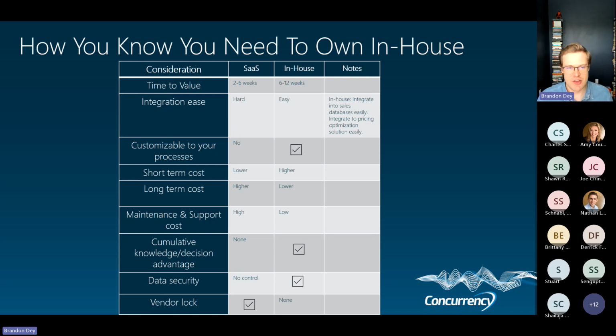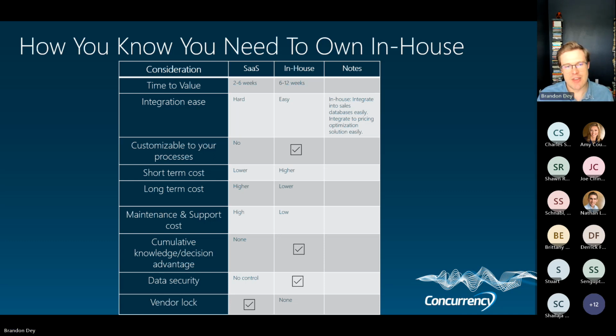So really the time to value for SaaS is a little bit faster, right? You kind of plug it into the wall and send it your data and hope for the best. You get to realize the output a little bit faster. If you build this in-house, it's going to take a little bit longer. 6 to 12 weeks is what we typically budget for, that my team budgets for.